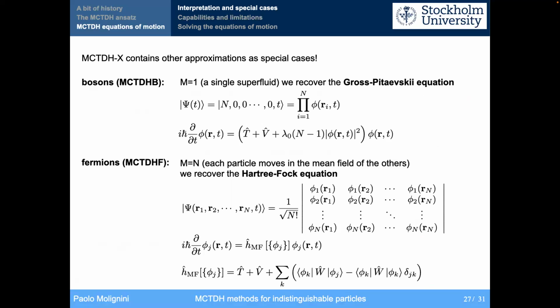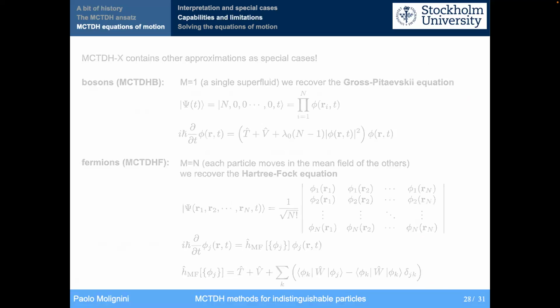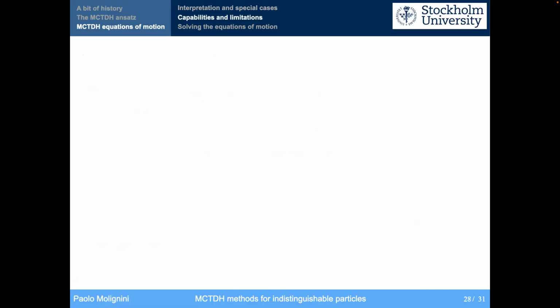The corresponding equation of motion is the Hartree-Fock mean field equation, which has a renormalized Hamiltonian that contains the one-body part as is, plus direct and exchange terms from the mean field of all the particles. So those are special cases that we can get from MCTDH-X, but MCTDH-X is more general. But they are always nonlinear equations.